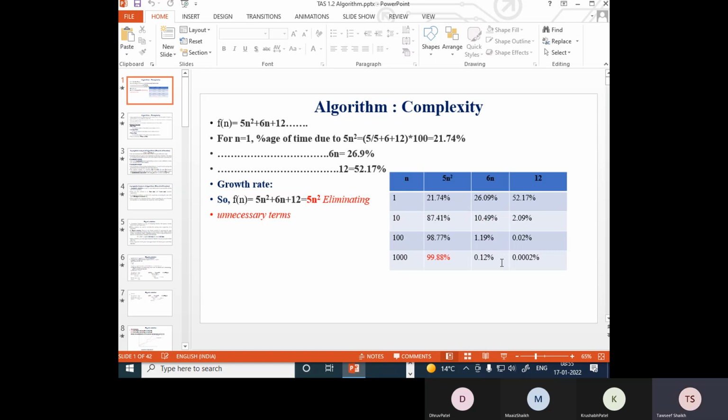So, we had this topic of algorithms in which we discussed the techniques to find the complexity of different programs using time and space complexity.